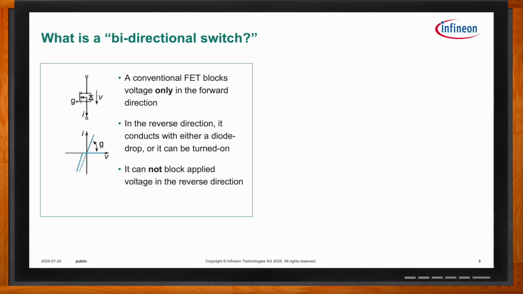It only blocks voltage in one direction, in the forward direction. In the reverse direction, there's only two things that can happen. Either it conducts through the body diode, or it conducts through the channel, which can be turned on, which is what we know of as synchronous rectification. So that's it. It's an on-off device, but it only blocks voltage in one direction.